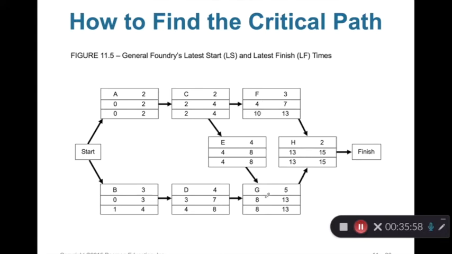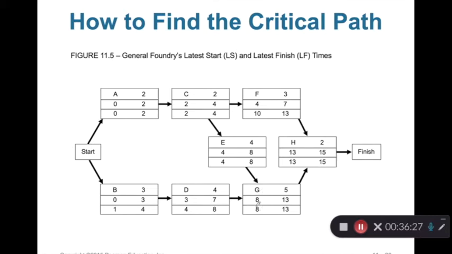And look at G. G has only one follower, H. So we should choose the smallest of LS, but we know there's only one follower. That's why we set LF for G to 13. They must be equal. 13 minus 5 is 8. So LS for G is 8.